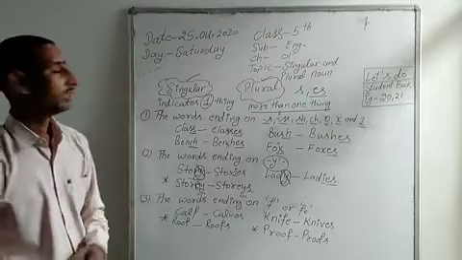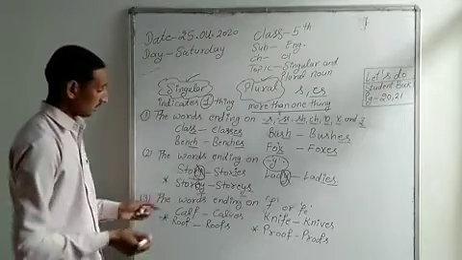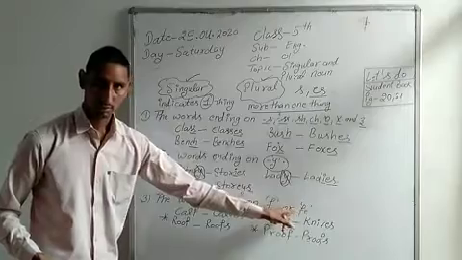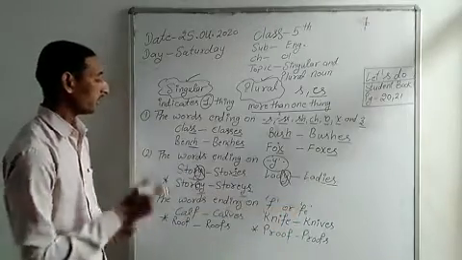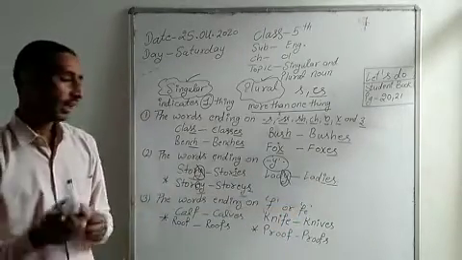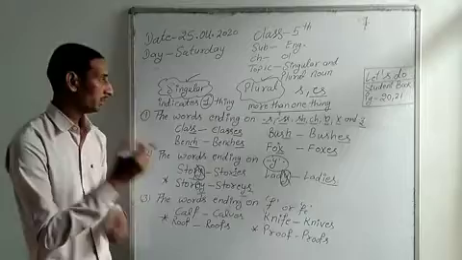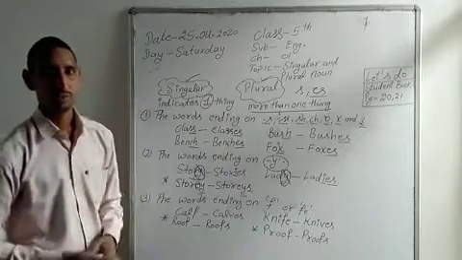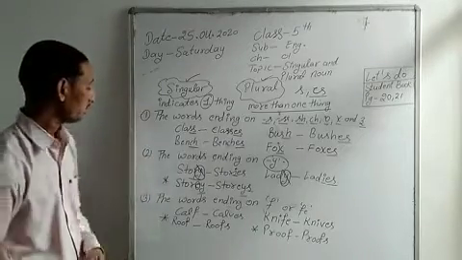Next rule says the words ending on f or fe. Now such words which end on f or fe will also take es in the end to be plural, but we need to make a little change here. Let's see what is that change.